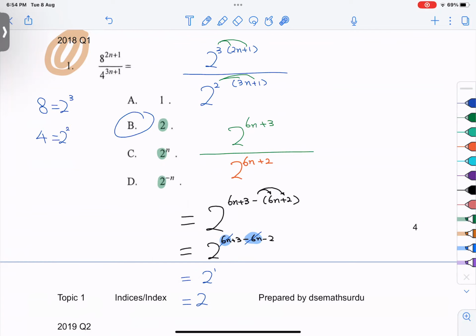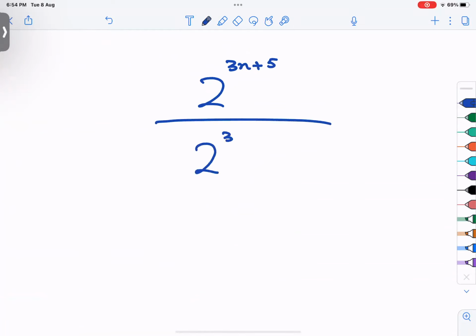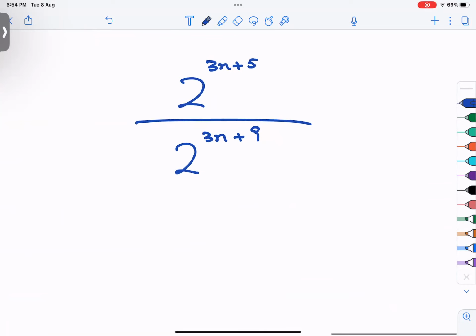Miss, can you explain when we have to plus and when we have to minus? So you mean if the power on top, the 3, is bigger, we have to do 3 minus 2. And if the bottom one is 3 and the top is 2, we have to do 3 minus 2 as well. Let's say the question is like this. The bottom one is bigger now.